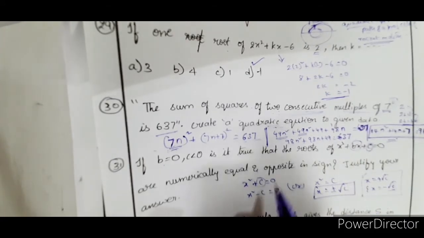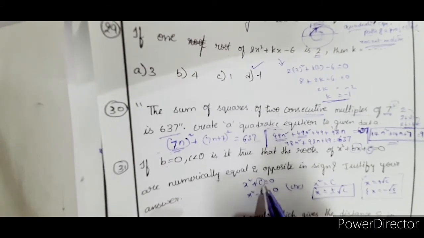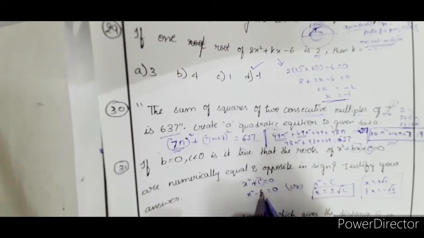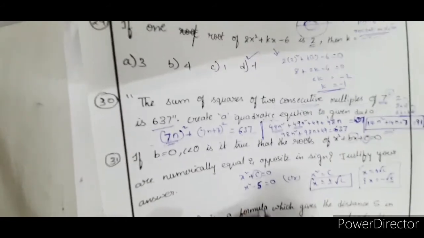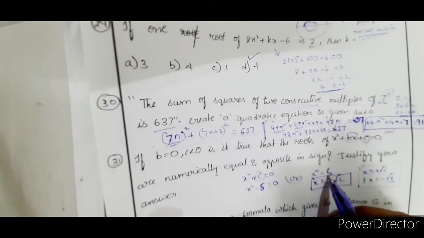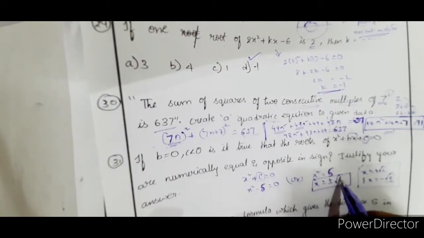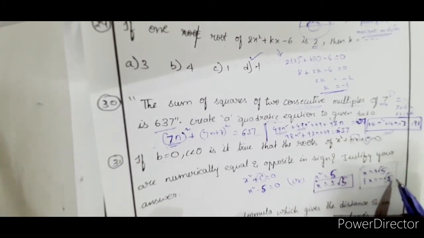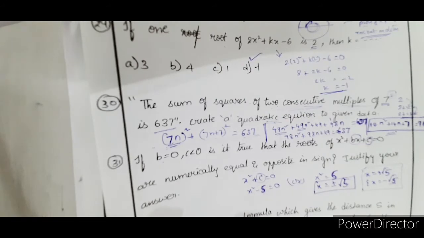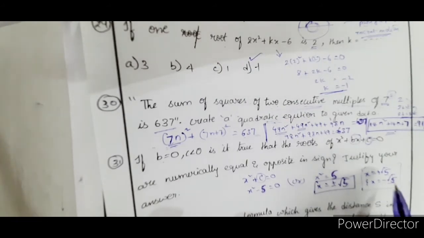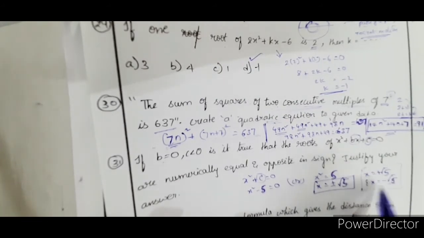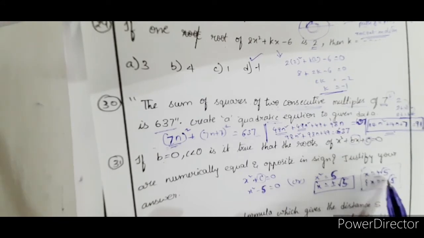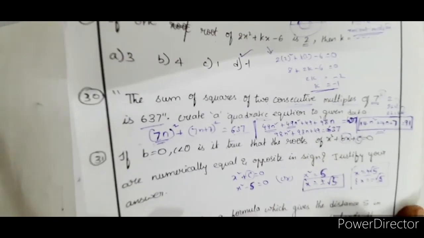You can take c is equal to minus 5, then x² is equal to 5, so this is plus root 5 and minus root 5. Therefore they are equal and opposite. Opposite in the sense one is of plus sign and the other is of minus sign.